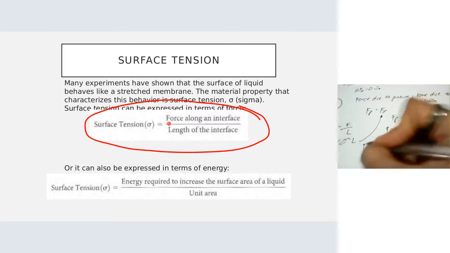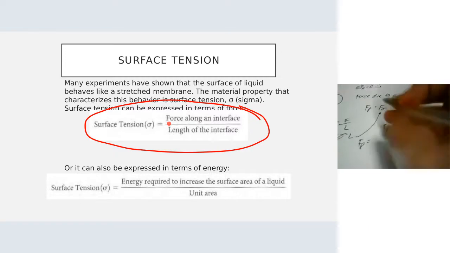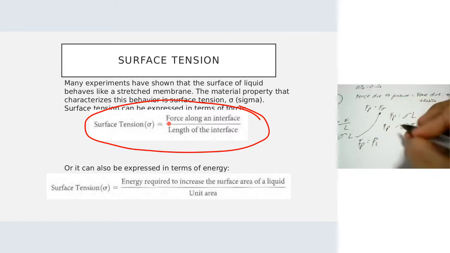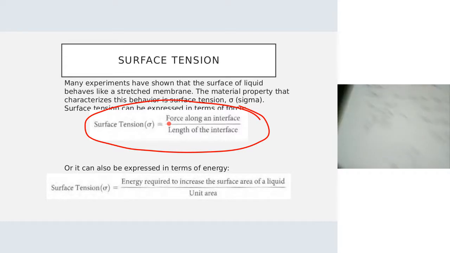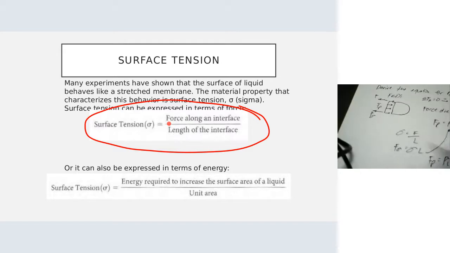Now, F sub P, or the force due to pressure, is equal to the pressure times the area. Okay? Because pressure is equal to force over area.